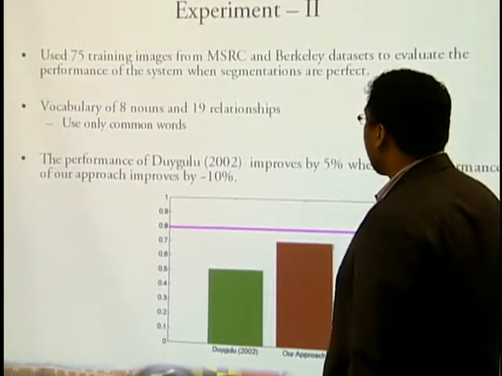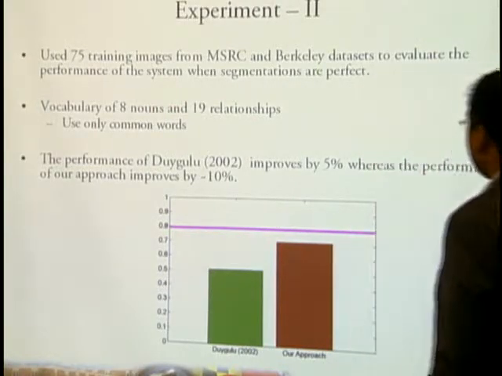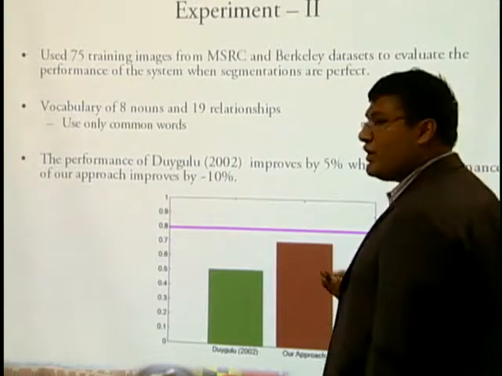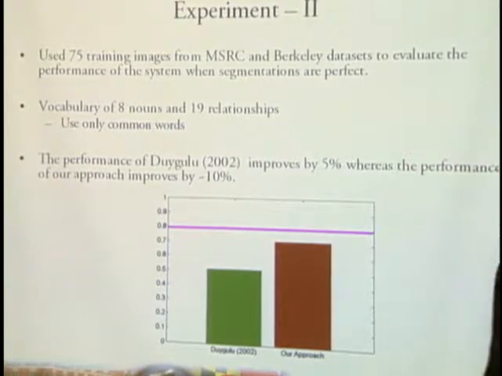And we used a vocabulary of 8 nouns and 19 relationships to learn. Again, in this case where we are using perfect segmentations, we see a similar percentage improvement over Duglu et al. So basically now you can say that even in case of perfect segmentations, or better segmentations, you still need prepositions to do better.